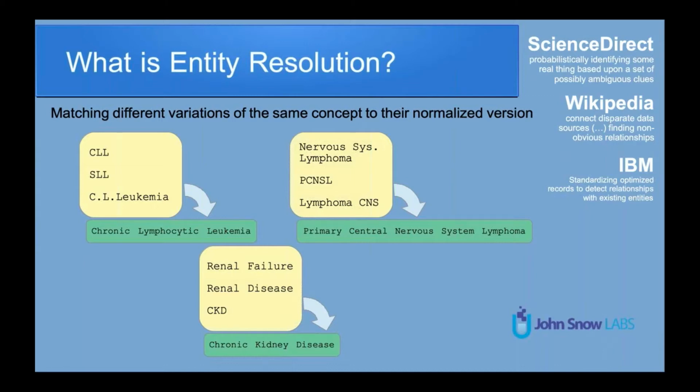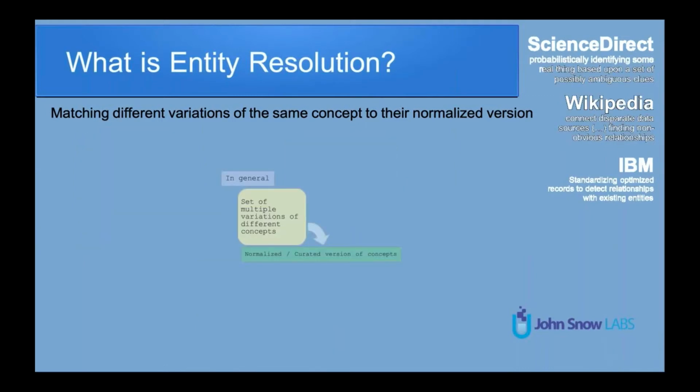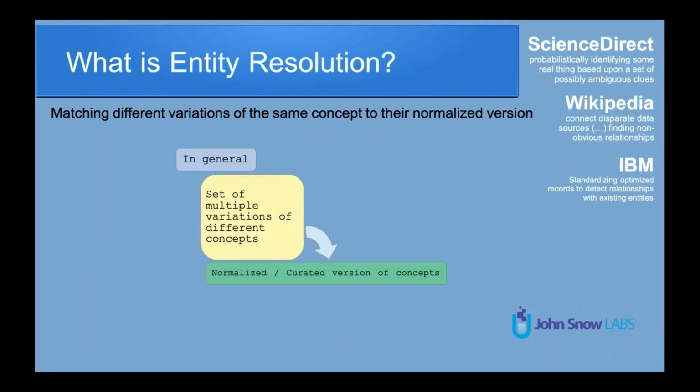We have different ways of writing this down, and generally simple keyword matching will not do enough to match these variations to the normalized concept. In general, we can say that the entity resolution problem is matching a set of multiple variations onto their normalized or curated versions, right?